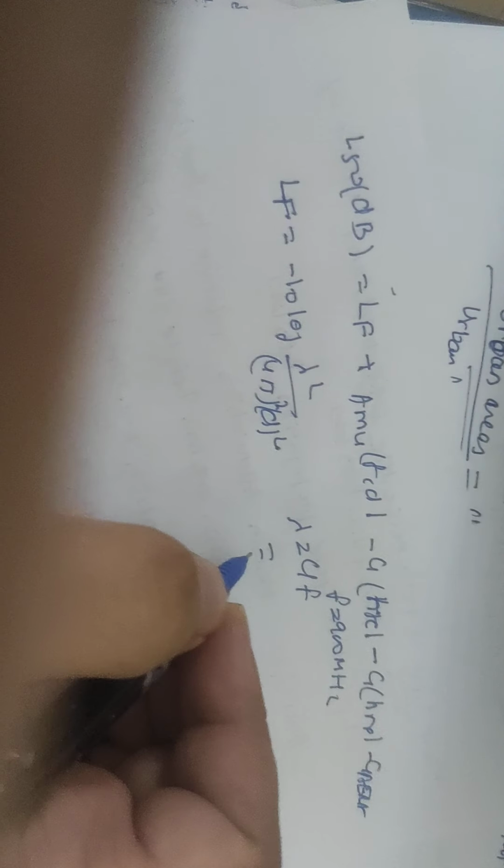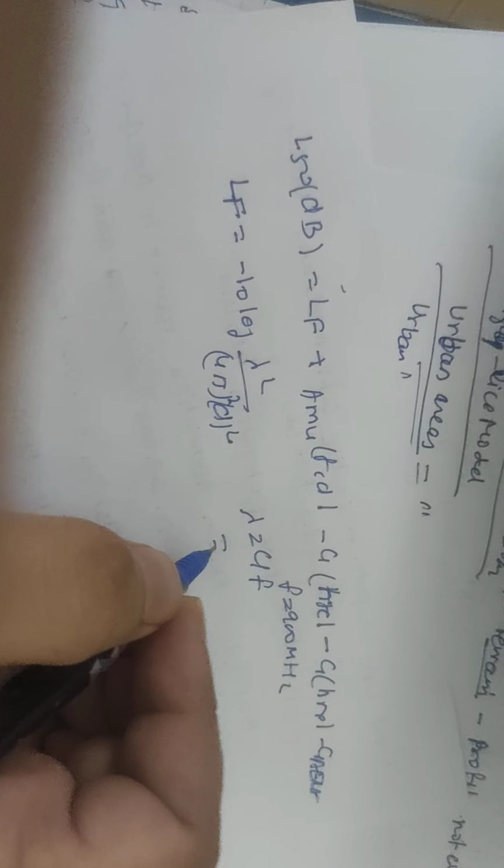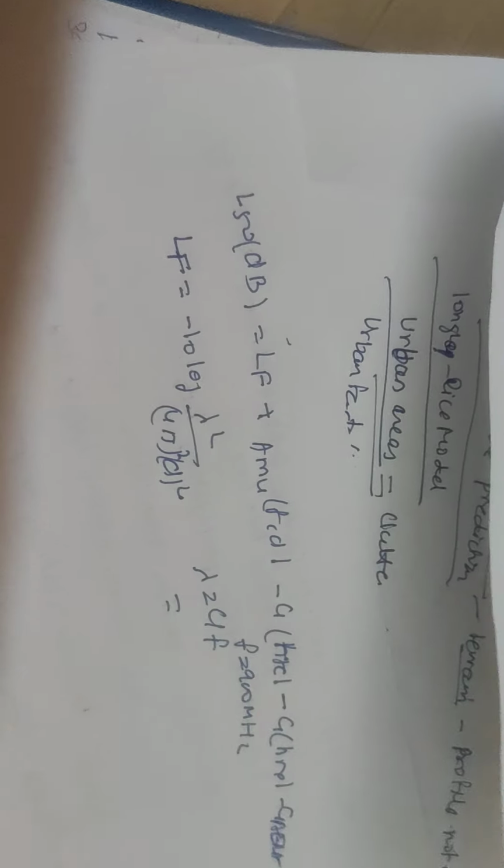Calculate the LF. LF is minus 10 log of lambda square over 4 pi square d square. This is the LF, and lambda is c by f. f is given as 900 megahertz.